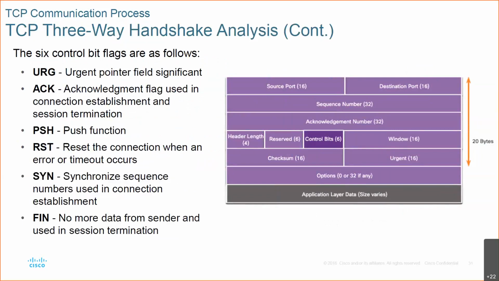These flags are all inside your control bits, and depending on the bit number, it can be urgent, ACK, push, reset, SYN, or FIN. There is a number associated with each of these flags. For example, if it sends an RST flag, it will reset the connection. FIN means we are going to close the connection.